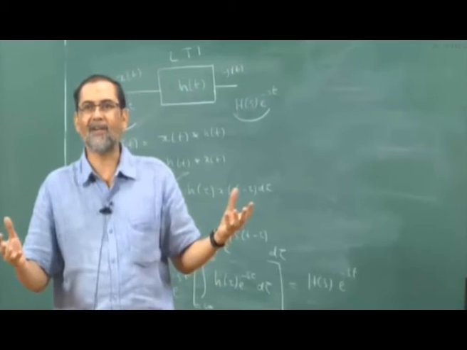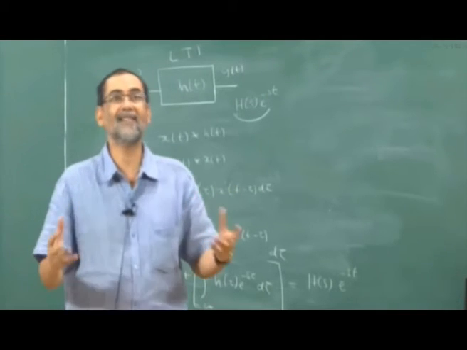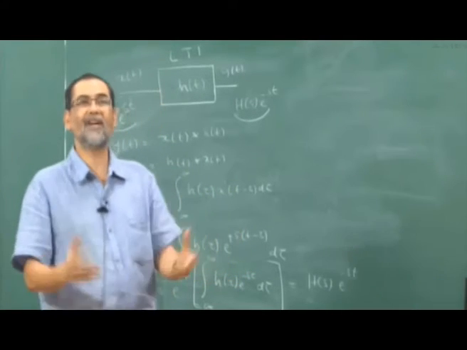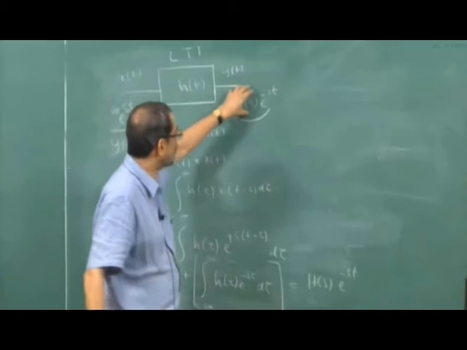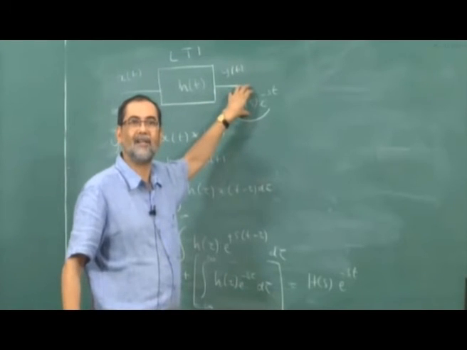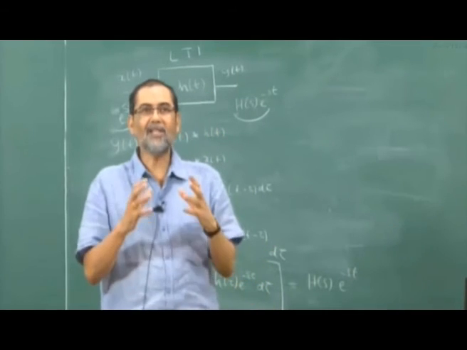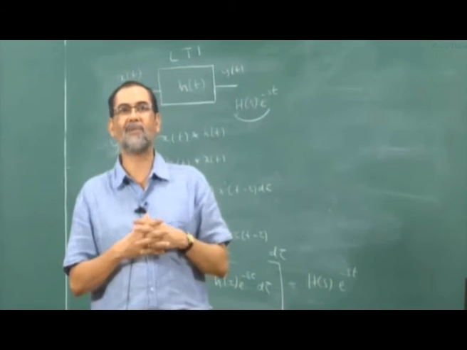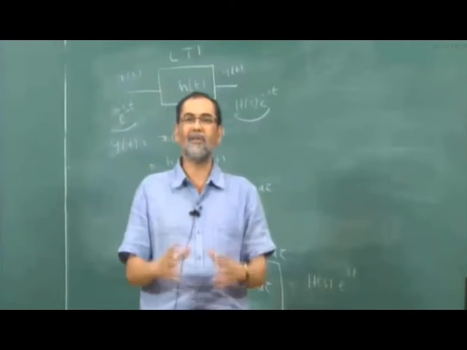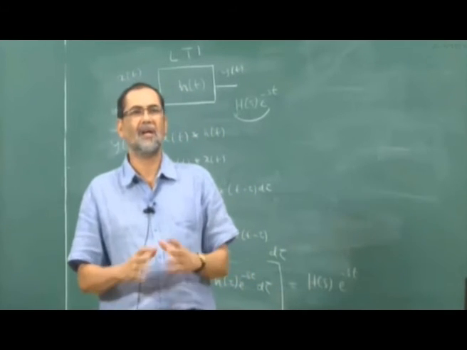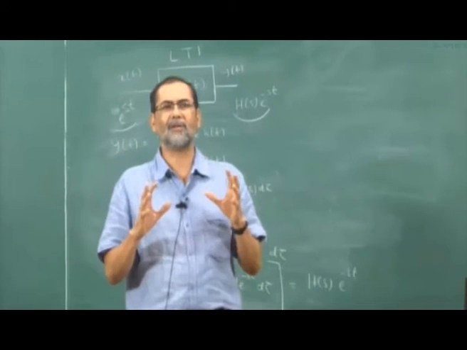Maybe voltage is different, maybe the phase is different. Voltage and phase are captured by this complex exponential, and they undergo change. So this feature of linear time invariant systems, that they preserve frequency, is very important.